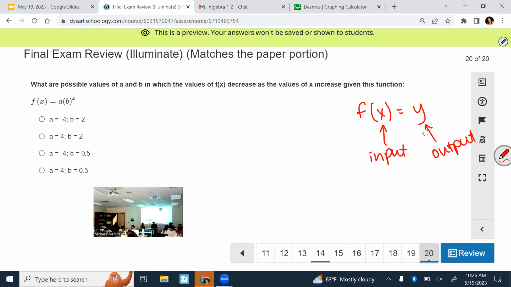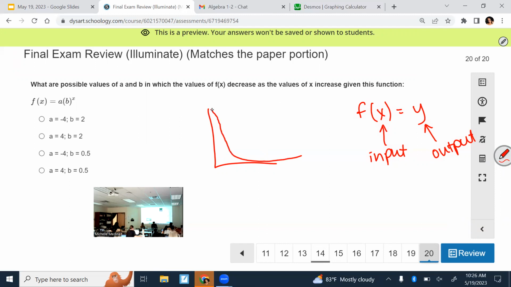So when it's saying as f of x decreases, since f of x is my y, think of it that way. As y is decreasing, x is increasing. As we're going further to the right, the y's are getting smaller.